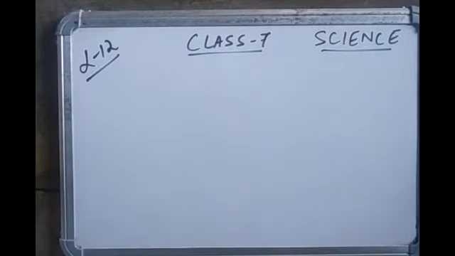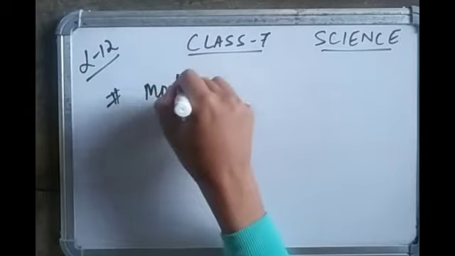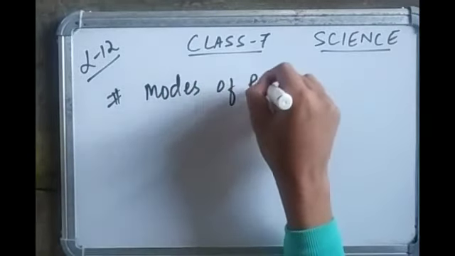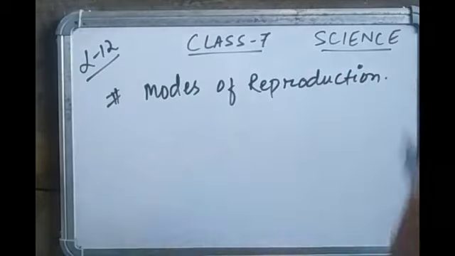Modes of reproduction. You will find this topic on page number 133. Most plants have roots, stems and leaves.